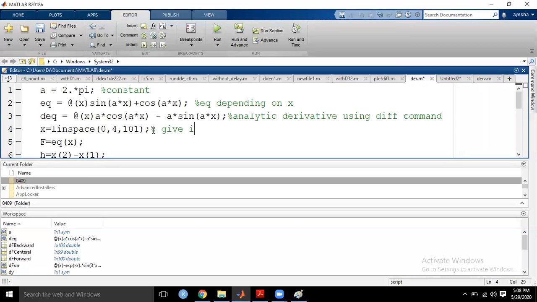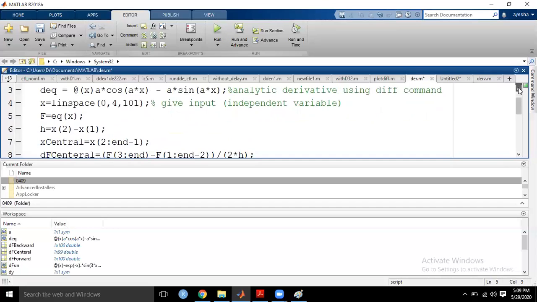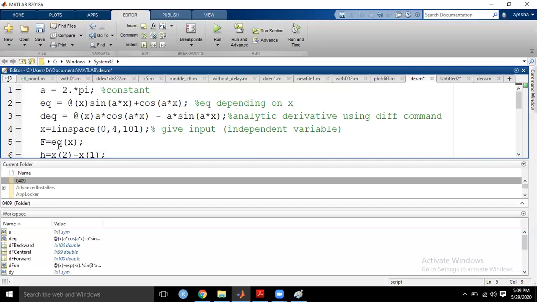Now I will give the input of the independent variable. Okay, next, I am saying that my function is depending on x.